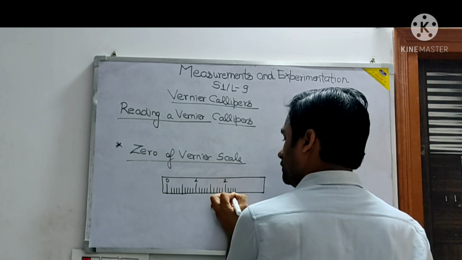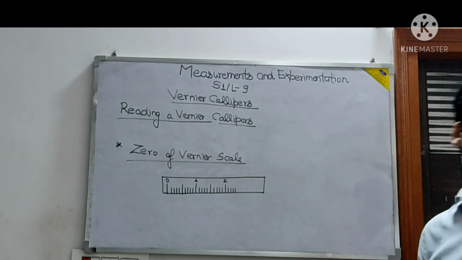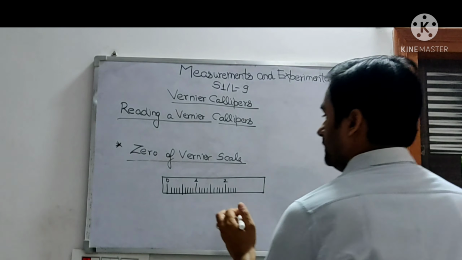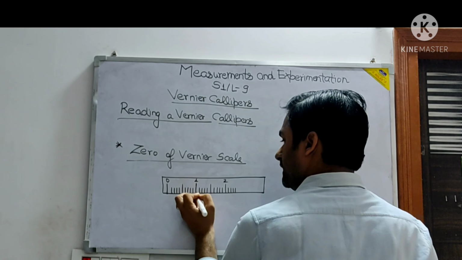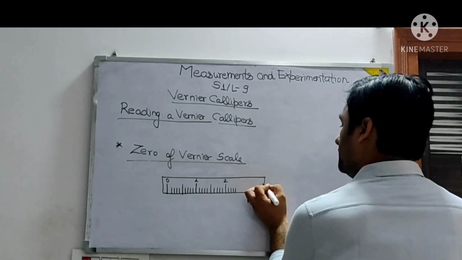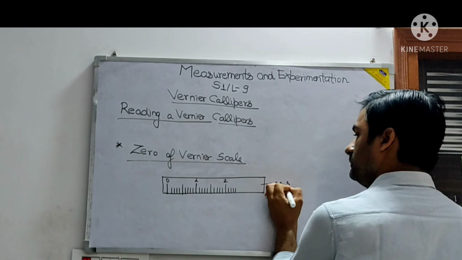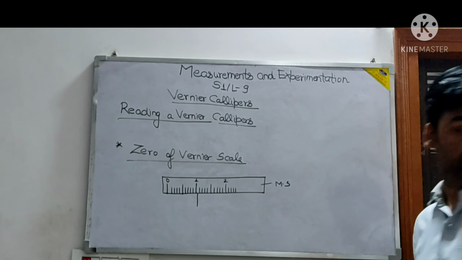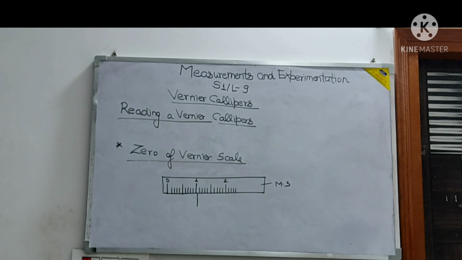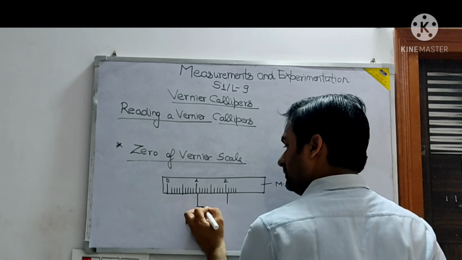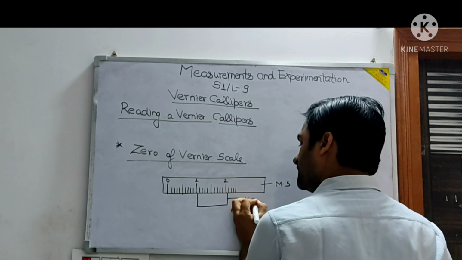This is 2, and so on. So this is a 1. Now see, I am drawing the same diagram as the book only. This is your main scale. Then here is the vernier scale. This is your vernier scale.